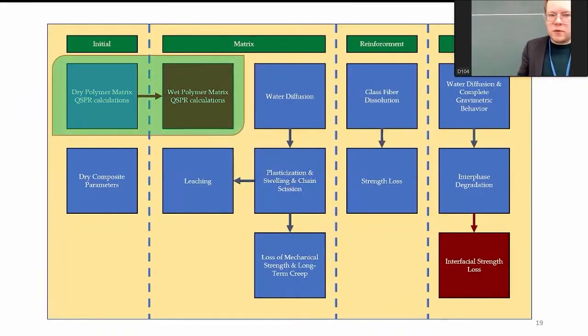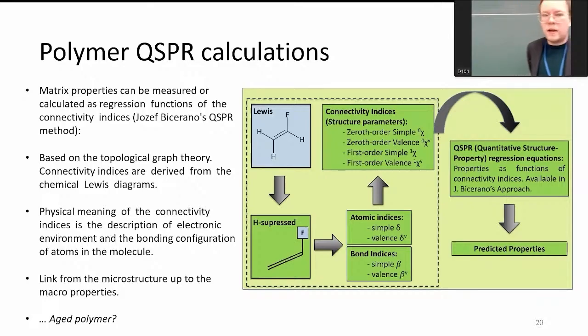But let's get to the more interesting part. How can we predict the properties of a polymer if we don't have any testing facilities with us? Here we offer the QSPR methodology. It's originally not ours. It's based on QSPR and QSAR.